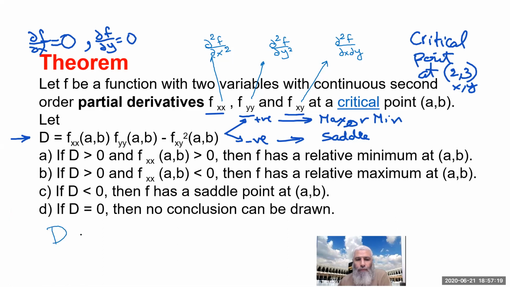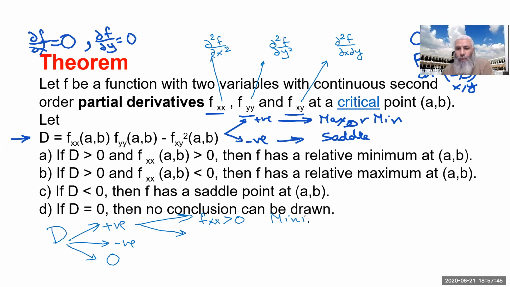So D is positive, D is negative, D is 0. If D is positive, we have two cases. If fxx is greater than 0, this is a minimum.